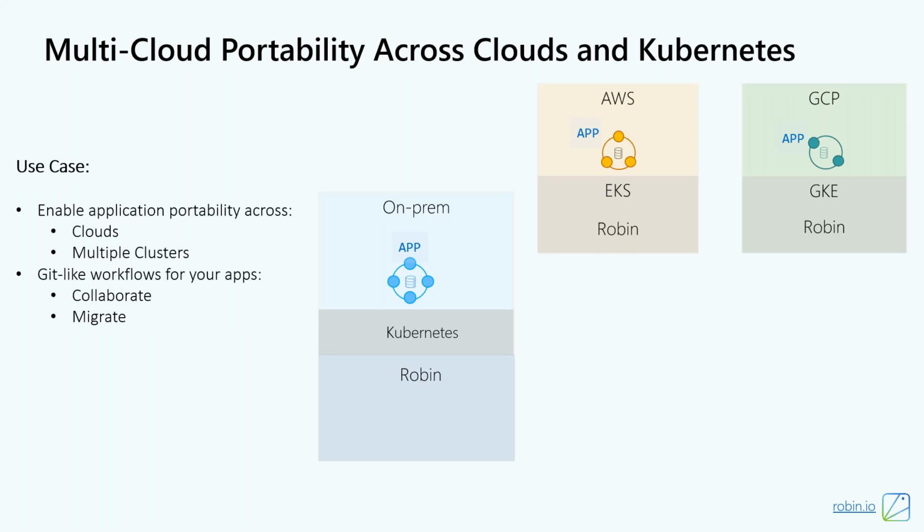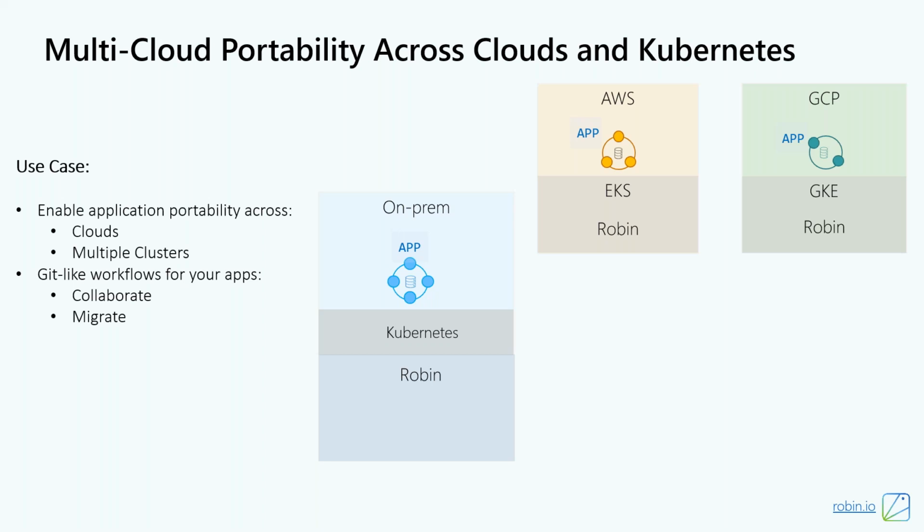Now the setup here you see, right? It's not just different clouds. Here it is also different flavors of Kubernetes. So I'm going to take a backup of a database on my on-prem Kubernetes cluster, and I want to make sure that the application, the database, can be recreated in the exact same state on AWS and on GCP.